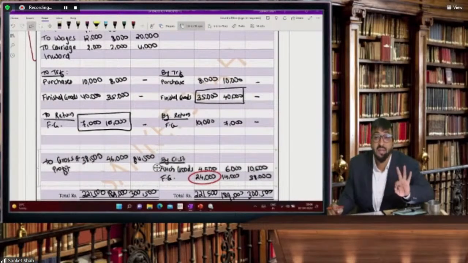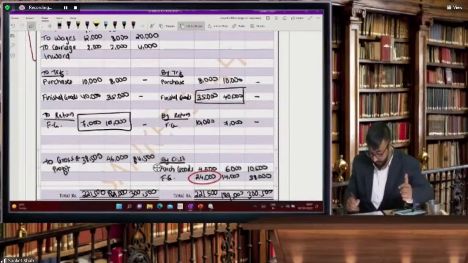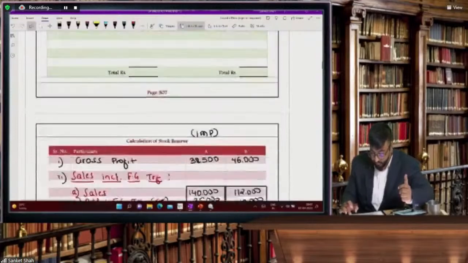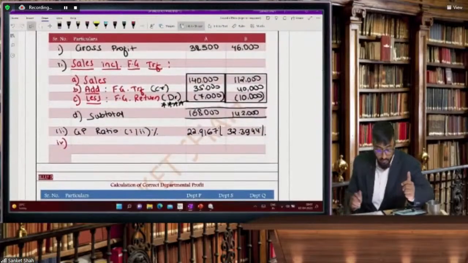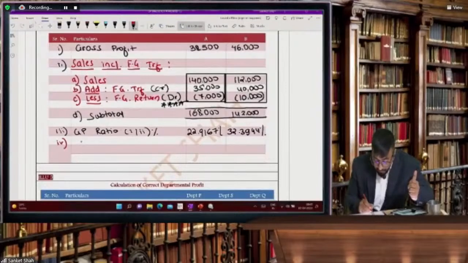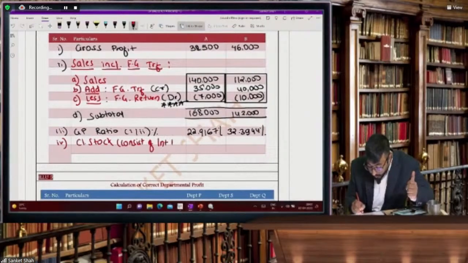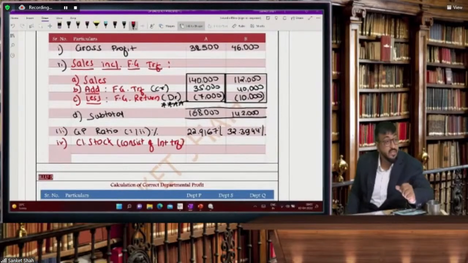And son is receiving from dad only 20%. Son has own manufacturing cost also, own expenditure also. Now you got the concept? Yes, sir. Now see, here, should I consider the whole closing stock of finished goods as internal transfer? Closing stock consists of internal transfer. How much closing stock is internal transfer, my friend?